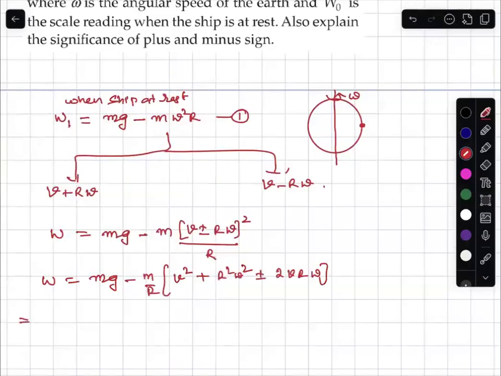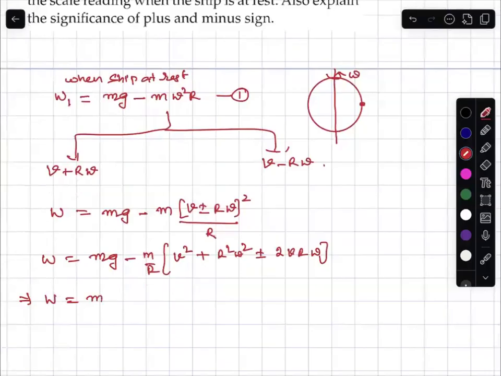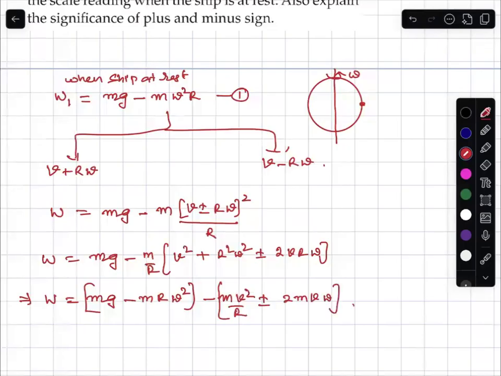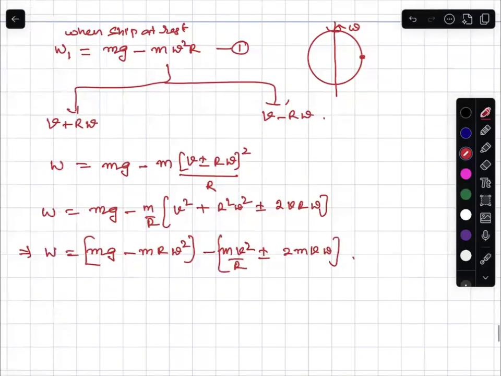So therefore, you can write this as W is mg minus m r omega square minus m v square by R plus or minus 2 m v omega.